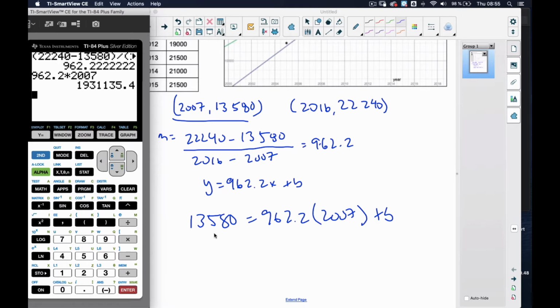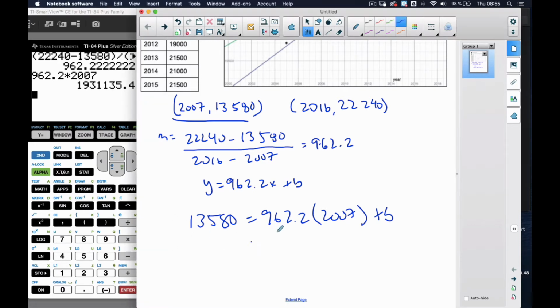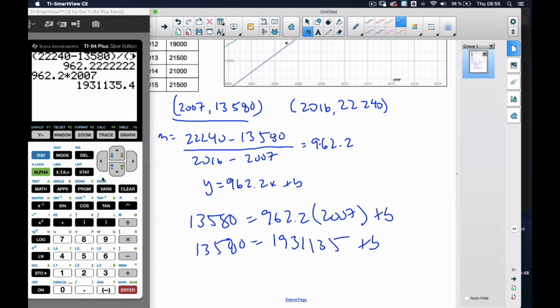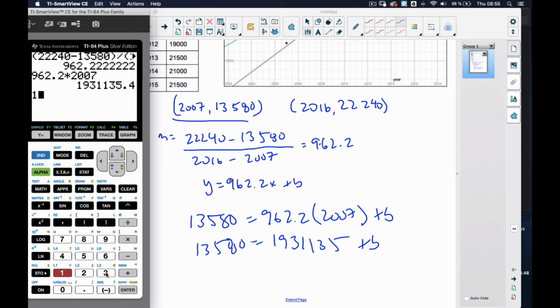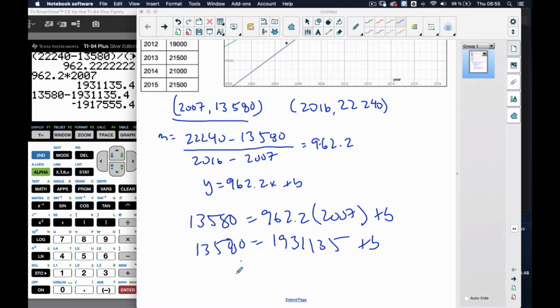Then I'm going to subtract that value over. So 13580 is equal to 1931135 plus b, subtracted over. It's going to be 13580 minus that number, and I can just call it back, hit enter, and b is equal to negative 1917555.